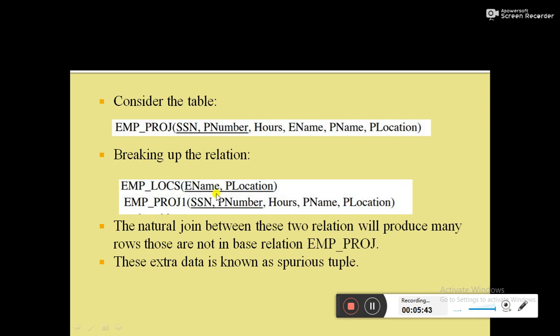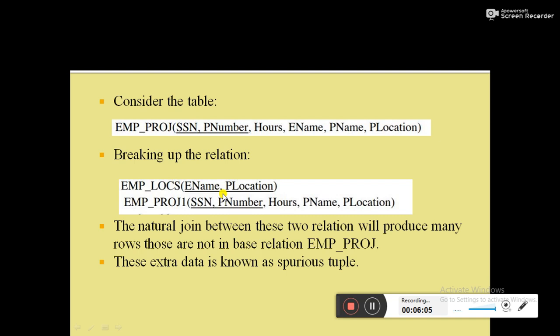So again, I am repeating, after performing the natural join operation between these two relations, if we come up with all the set of data which is the same as the data in the original base relation, then we say that that kind of decomposition is lossless join decomposition.